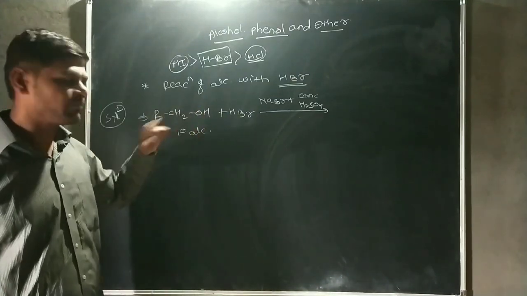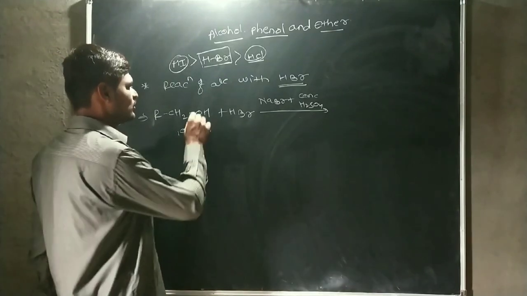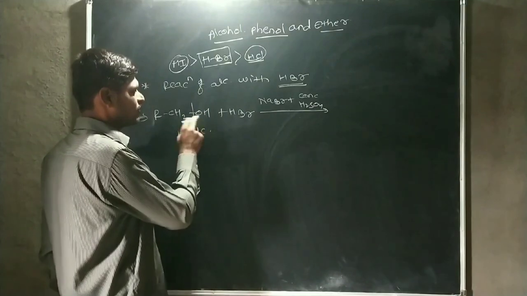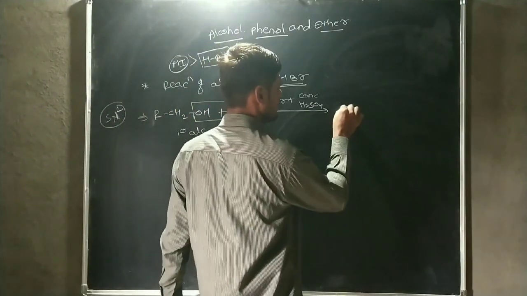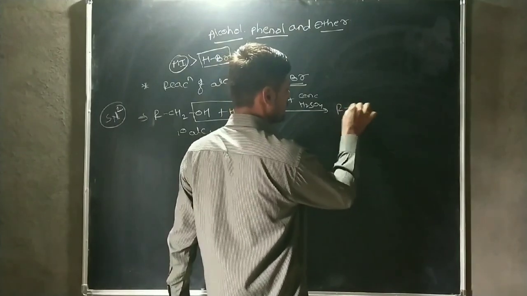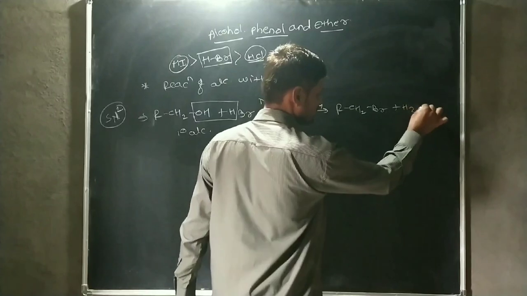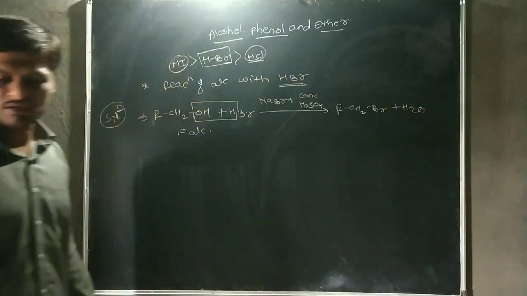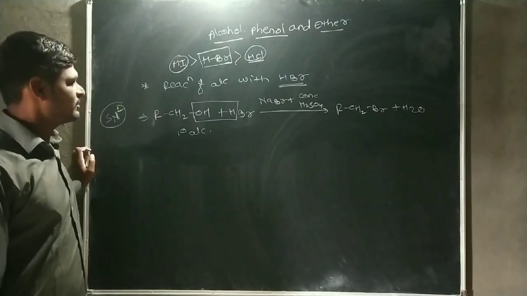At the same time, a water molecule is eliminated, with the hydroxyl group coming from the alcohol and hydrogen from the HBr. Then it forms the corresponding alkyl bromide plus H2O. This is a primary alcohol.